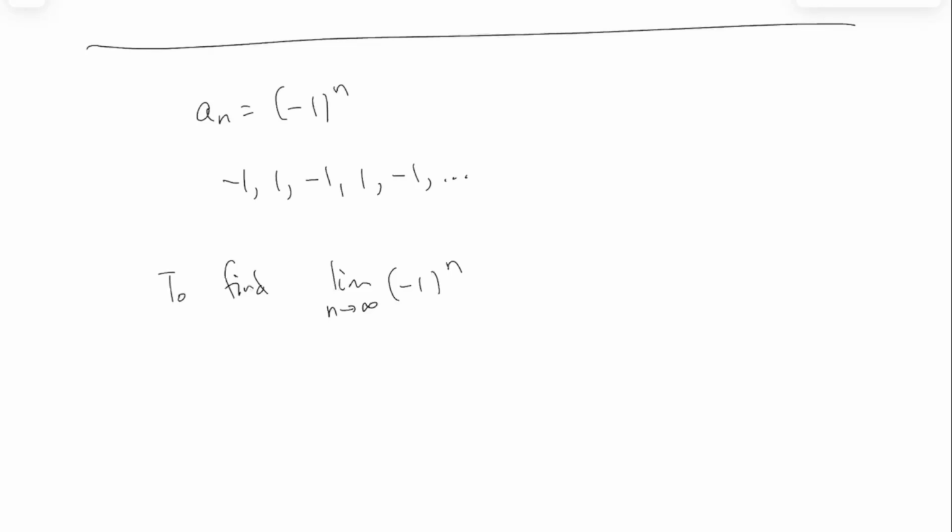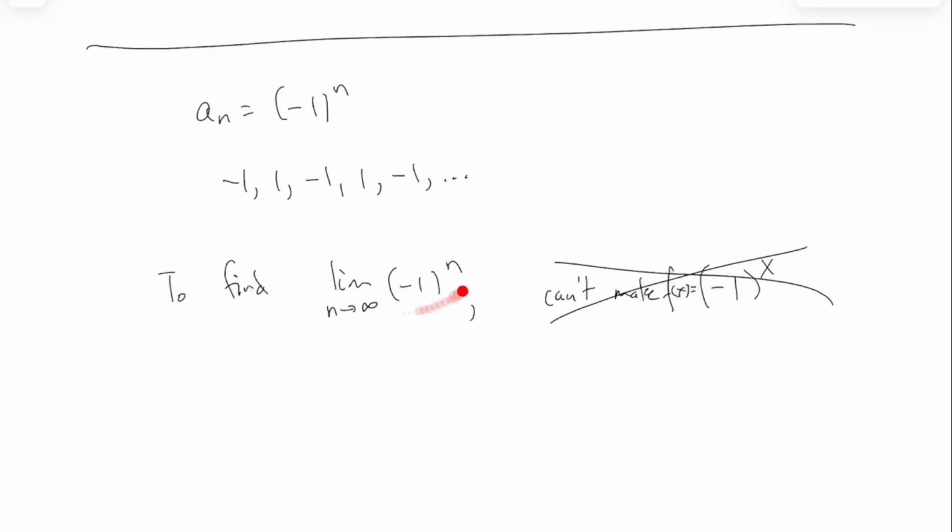So you can't turn it into a continuous function like f of x equals negative 1 to the x. That's because an exponential function is only well defined if the base is positive, right? For example, if this were a real continuous function, you could do something like minus 1 to the power half, which would be the square root of minus 1, which is not a real number. So as a function it is not a nice continuous function of real numbers. That is not the appropriate approach.